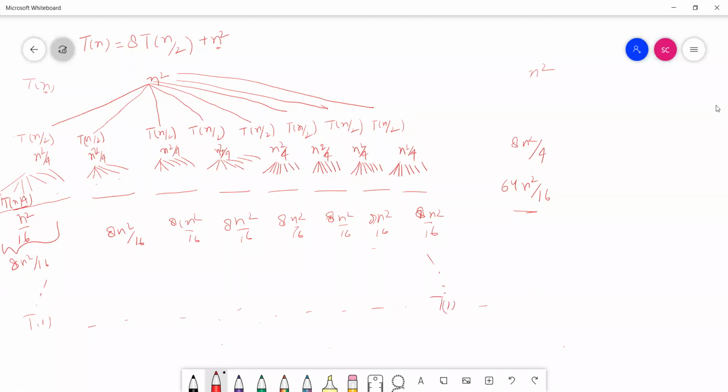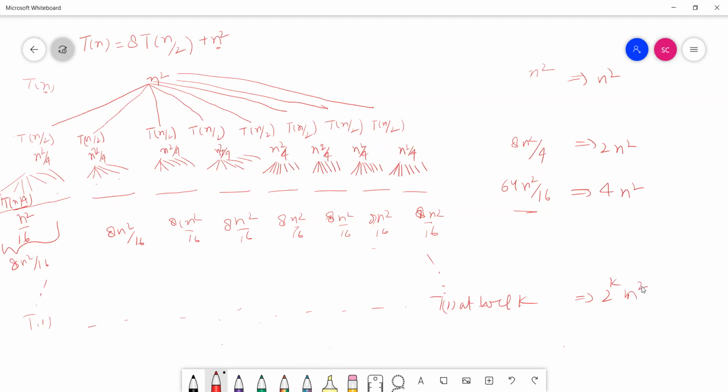So if we check this out, this implies n square, this implies 2n square, this implies 4n square. So again at level k, we have 2 to the power k n square.